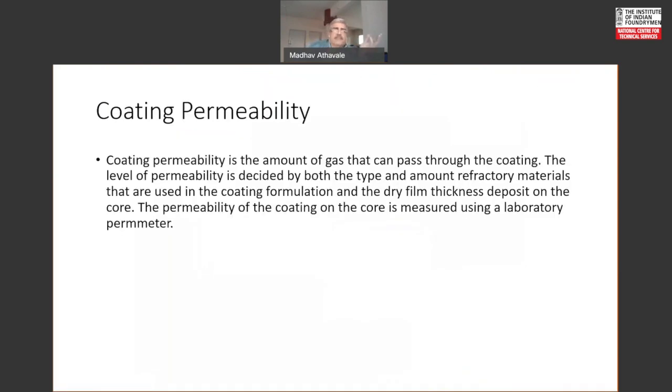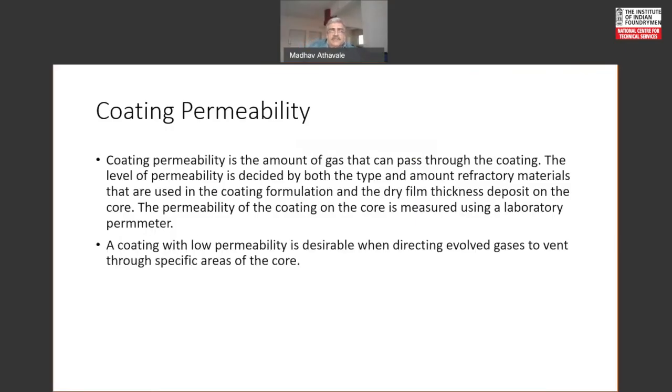Now, coating permeability, very quickly, I will not even read this slide. I will make only 2 points. Coating permeability can be used in 2 ways. When there is a lower permeability level, then you can direct the gases coming out of the burning core through your vents into the print areas and take them away.